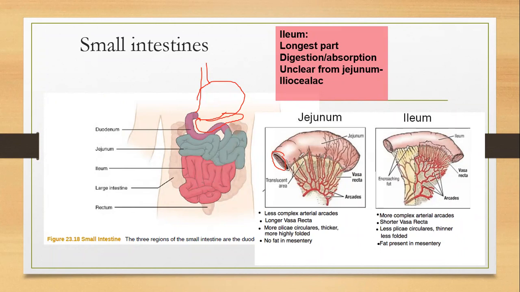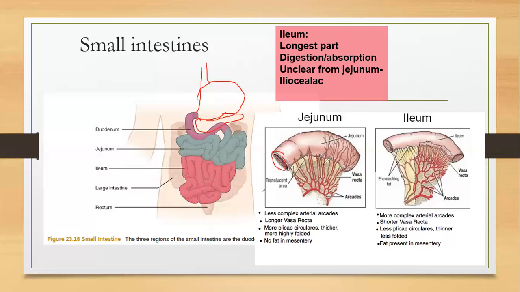Now, the jejunum has mesenteries and blood vessels, and these blood vessels are very elongated, forming what we call arcades and the vasa recta. So the small blood vessels which are straight-like form the vasa recta, and the larger ones that form a web-like structure are the arcades. So you can tell the difference by looking at the size of the vasa recta and the arcades.